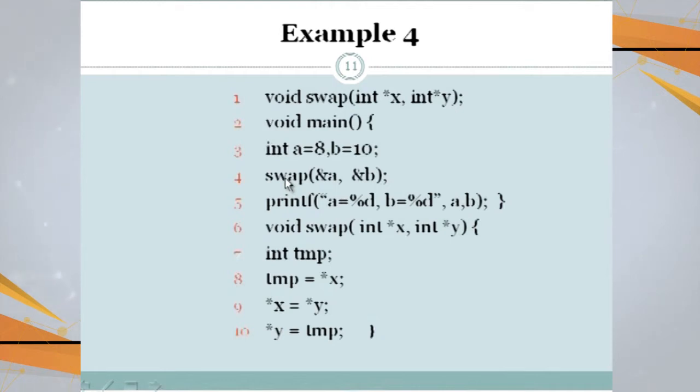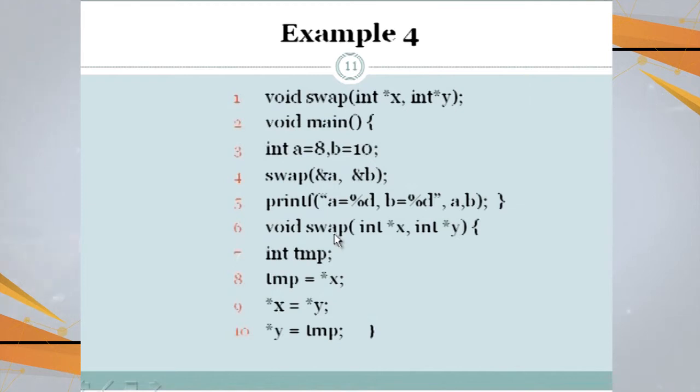Then the swap function is called, and while calling the function we have passed the address of variable a. Thus the address of variable a will be copied to the pointer variable x. Similarly, the address of variable b will be copied to the pointer variable y.